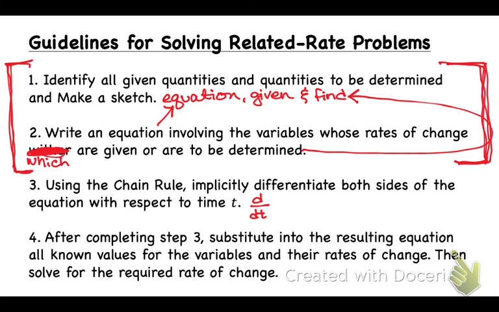So when I read these problems, maybe I'm going to have to read them twice before I know exactly what I'm finding and what I have. Correct? You are also going to need the equations. They're not going to give you the equations. We had to say, okay, we're doing area of a circle. So what is the area of a circle? What is the volume of a cylinder? So those are the equations we're going to be working with.